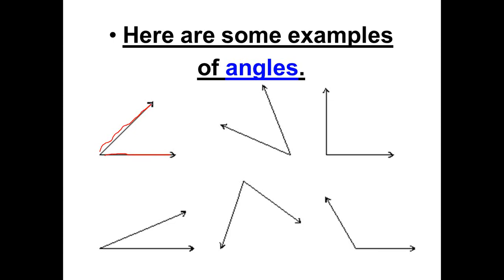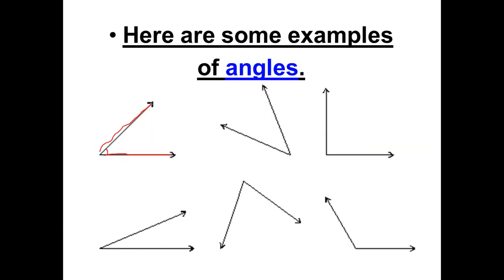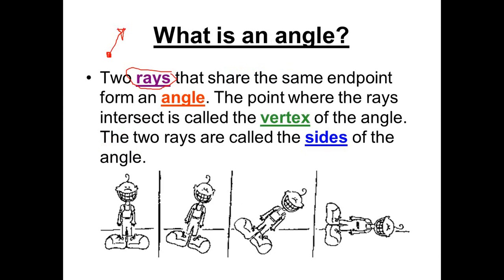Okay, so what's this part called? The part of intersection. The point where the rays intersect is called the vertex of the angle. And those two are called the sides of the angle.